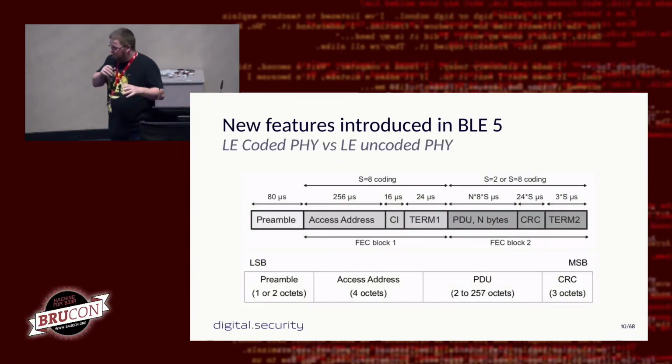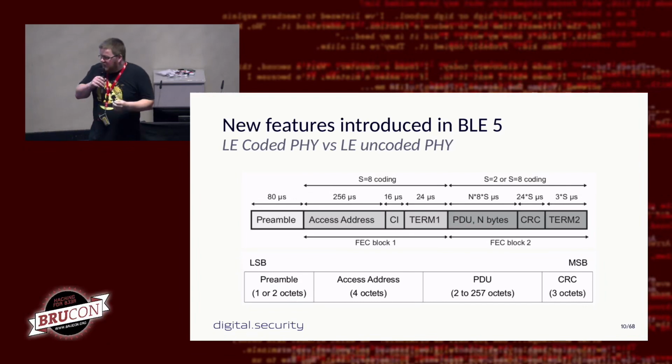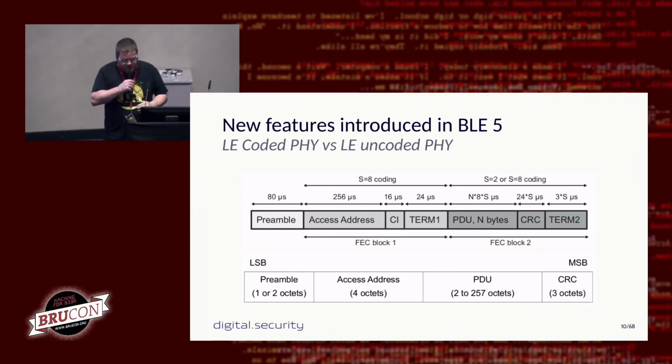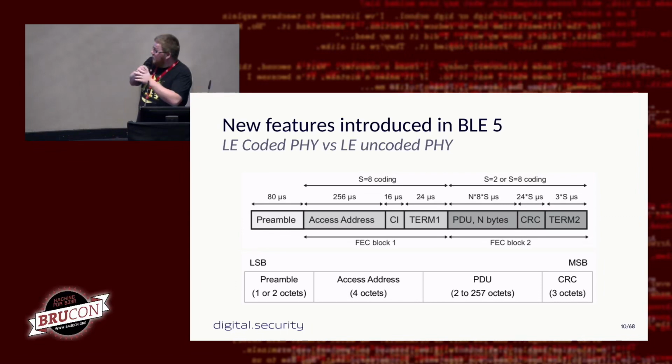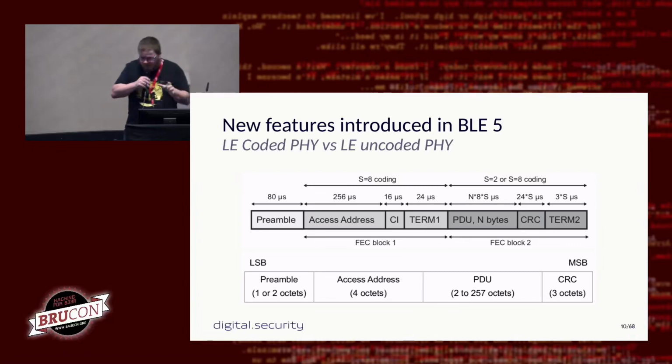If you have a look at the packets, the first one at the top is the coded PHY packet, so it's much more complicated. And of course, when you are dealing with packets from the air, it's difficult to capture this packet. The packet at the bottom of this slide is the legacy BLE4 packet, and it's much simpler. You will see that they both use a preamble, which is in fact a succession of zeros and ones, and an access address.